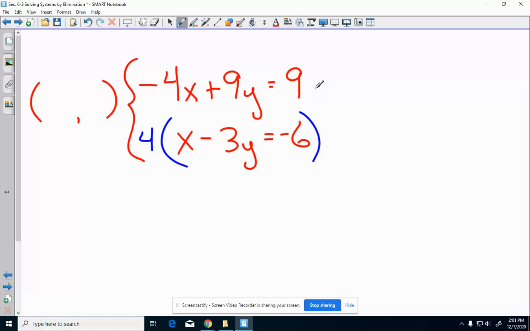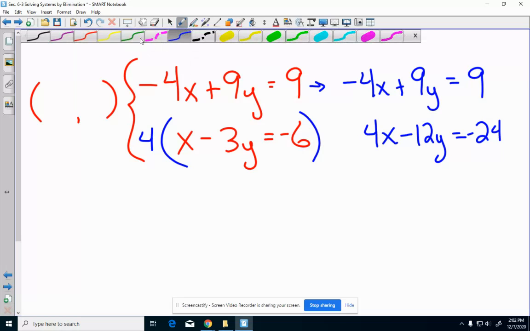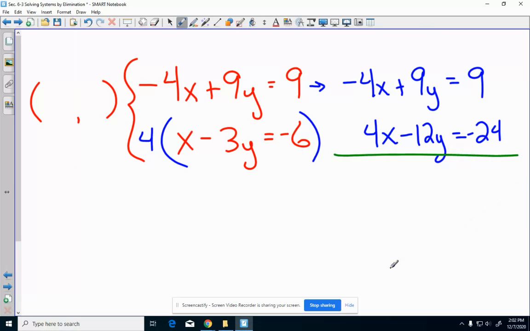Okay, so momentarily, I'm not going to do anything with this value here. Okay, so that top equation stayed exactly the same. The bottom equation is now going to become 4x minus 12y is equal to a negative 24. Because I have opposite values of x, we add opposites to make them cancel each other out.